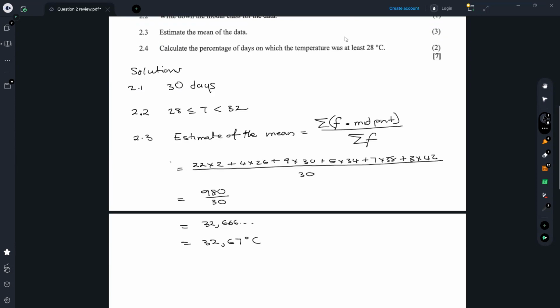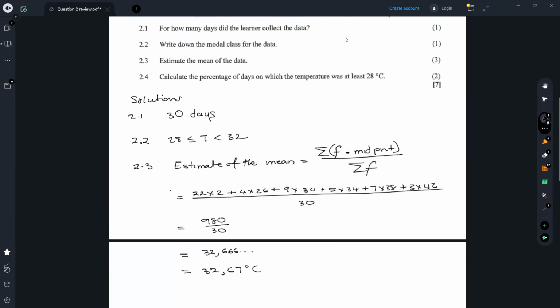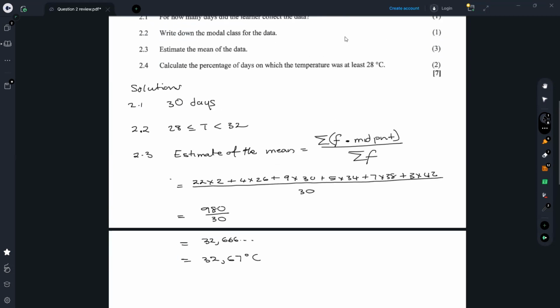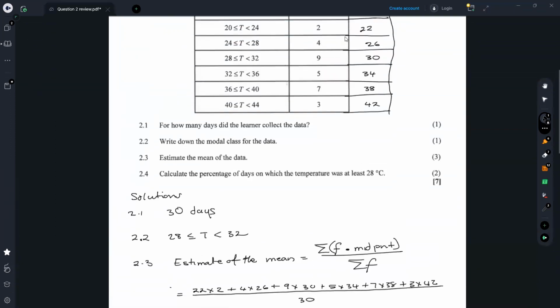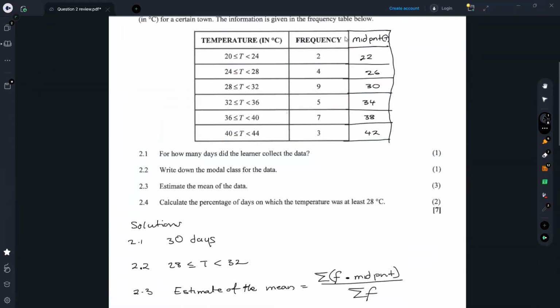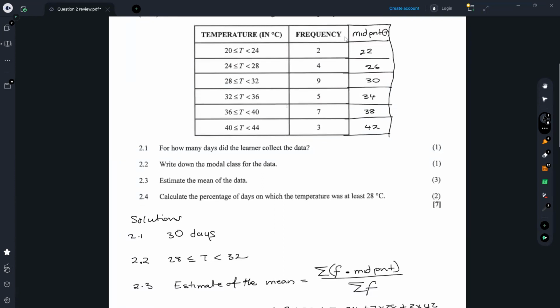Now let's go on to the final question. Calculate the percentage of days on which the temperature was at least 28 degrees.